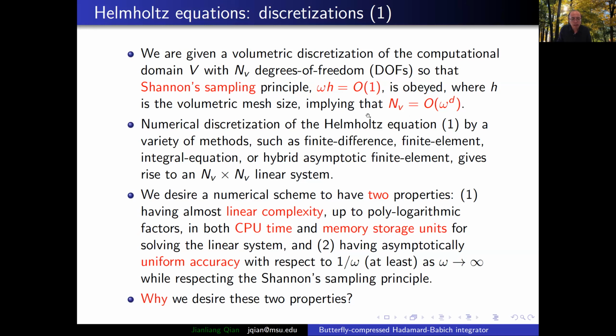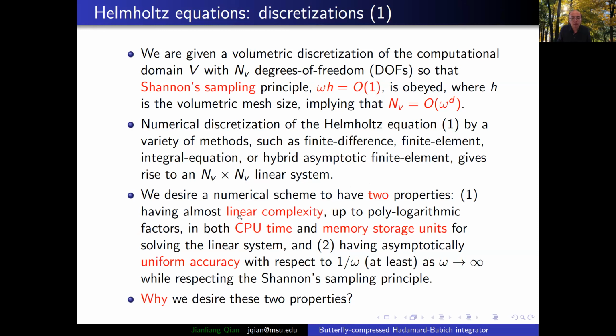We can use a variety of discretization methods like finite difference, finite element, those standard numerical methods, or we can use a hybrid asymptotic finite element method. All those methods will give us an N by N linear system. We design the numerical scheme to have two properties.